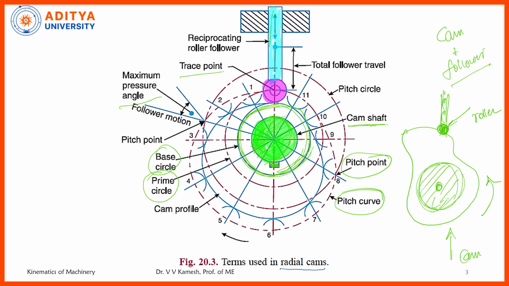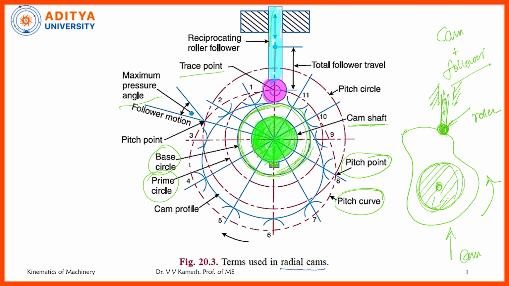The roller is attached to the follower, and the follower is bound to move in the vertical direction only. The roller will be attached to the cam only for that instant.